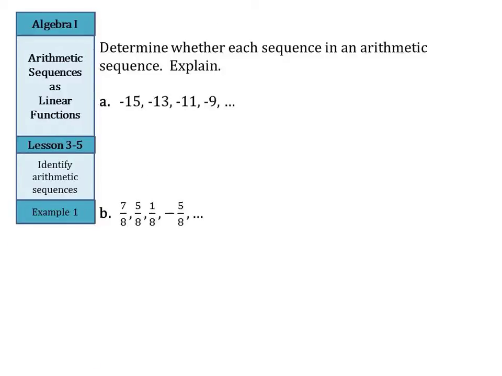In order to determine whether each sequence is an arithmetic sequence, the first thing we're going to do is look: is there a difference that's common? From negative 15 to negative 13, there's a difference of plus 2. From negative 13 to negative 11, there's a difference of plus 2. And from negative 11 to negative 9, there's a difference of plus 2.